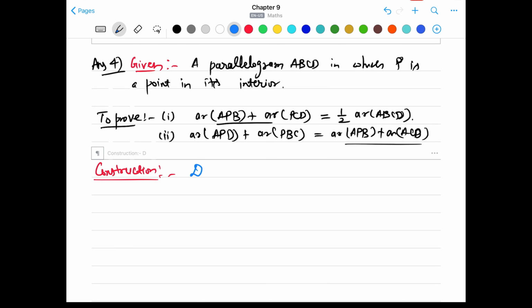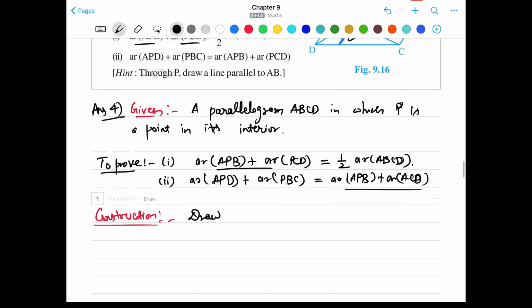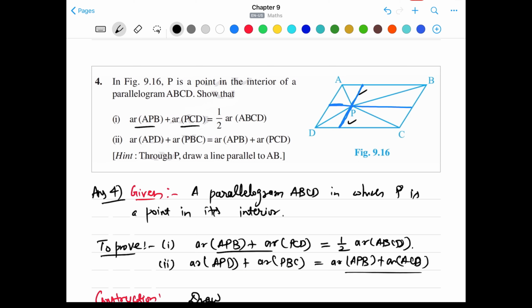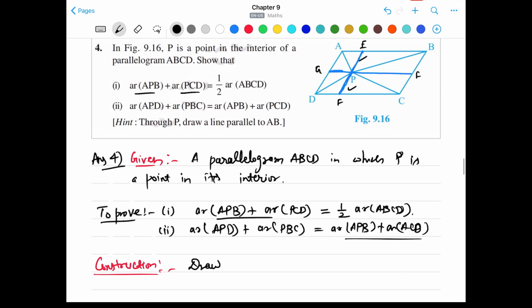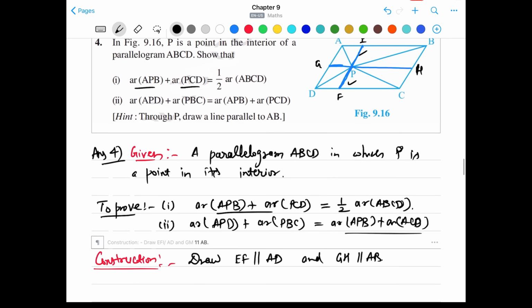Draw, let's name the points E, F, G and H. So first we'll draw EF parallel to AD and GH parallel to AB.